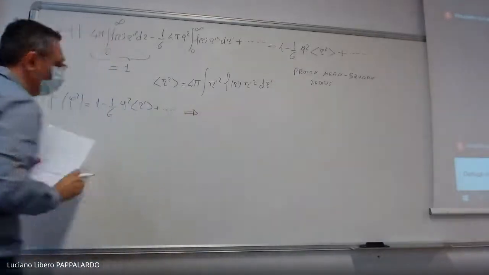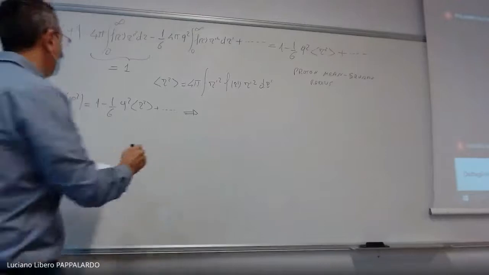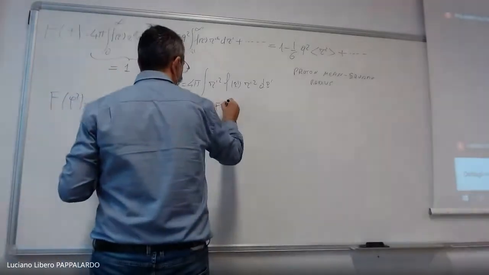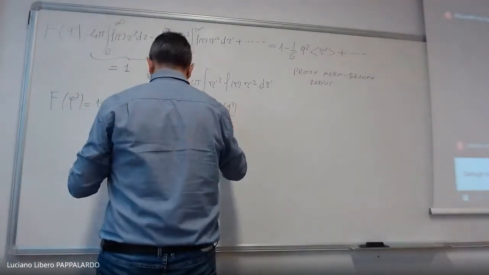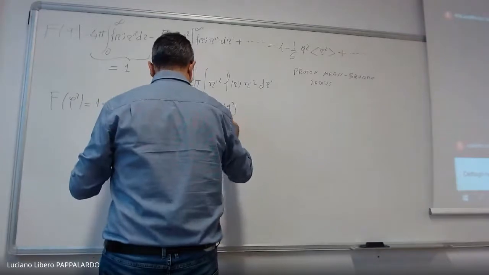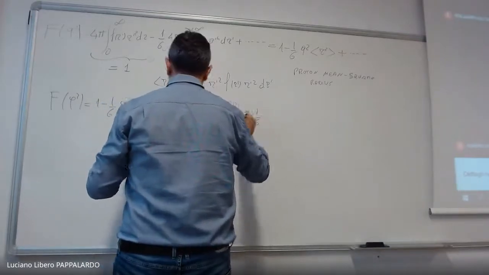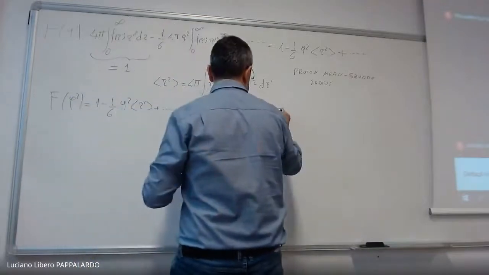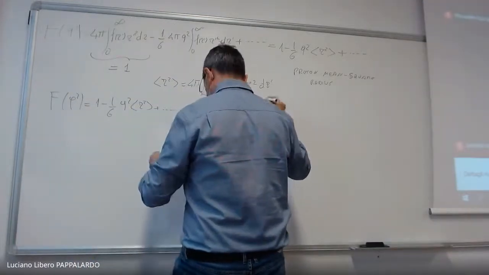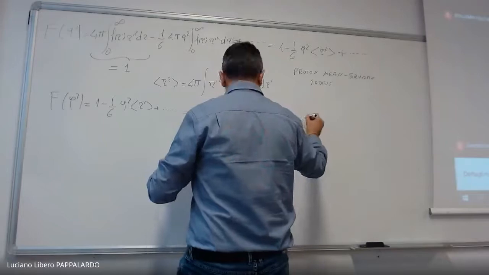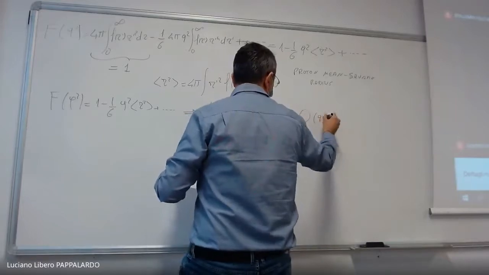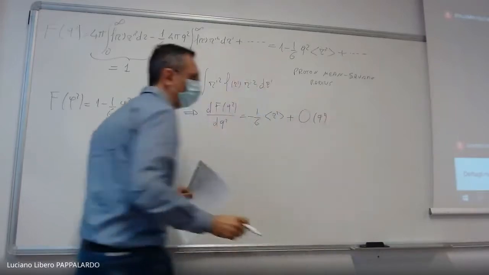Actually, one can derive this with respect to q squared. We take the derivative d of f over d q squared, and this is going to be minus 1/6, and this disappears. Now we simply have our r squared plus infinite terms which depend on q squared.